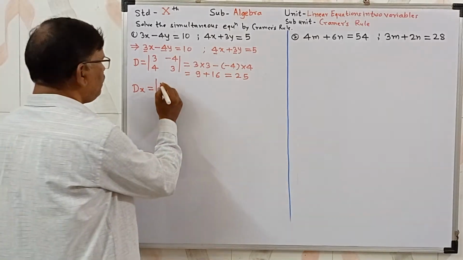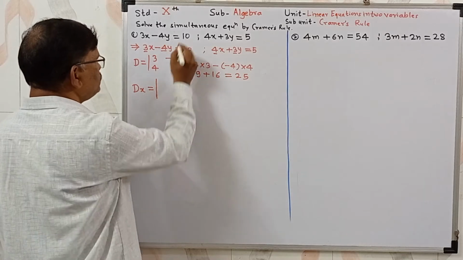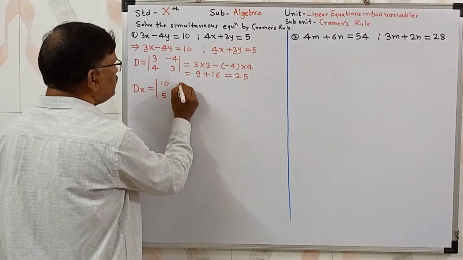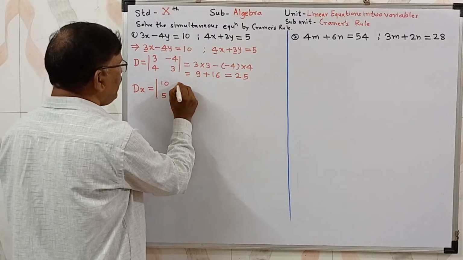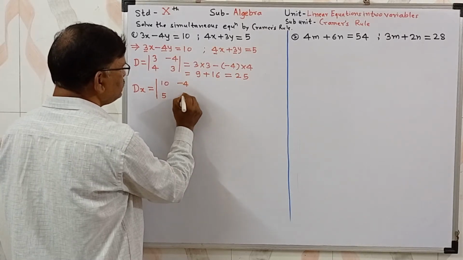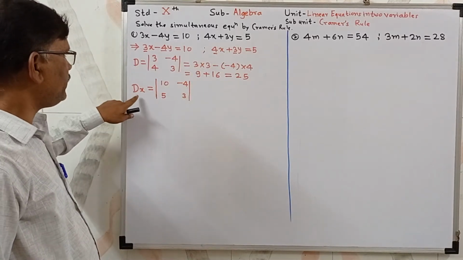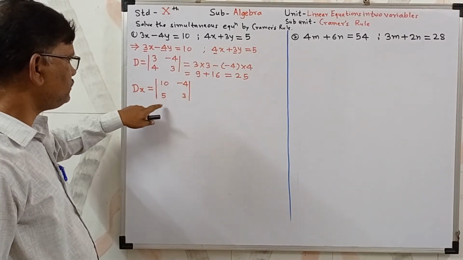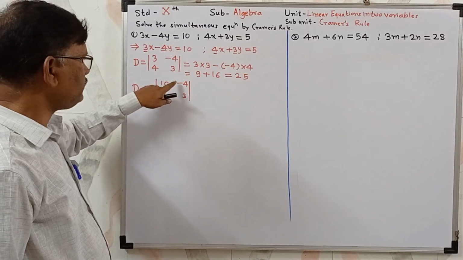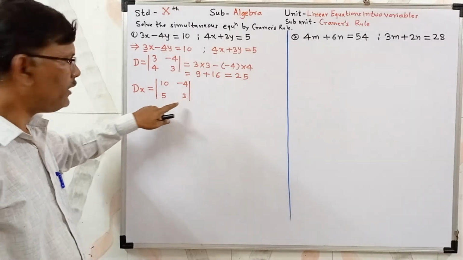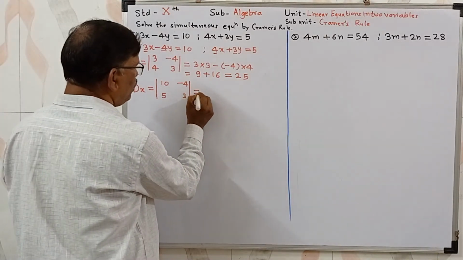So here we have c1, c2, that is 10 and 5, then b1, b2, that is minus 4 and 3. Understood? In Dx we have c1, c2 and b1, b2.